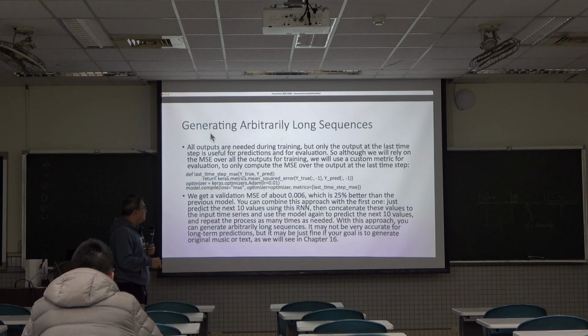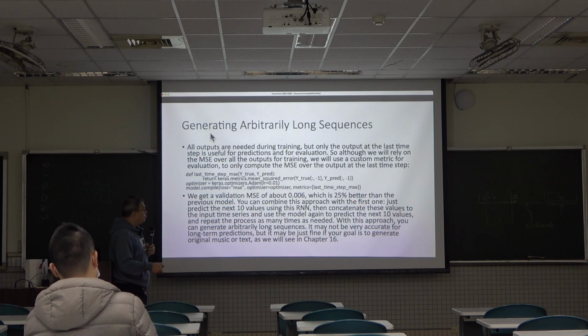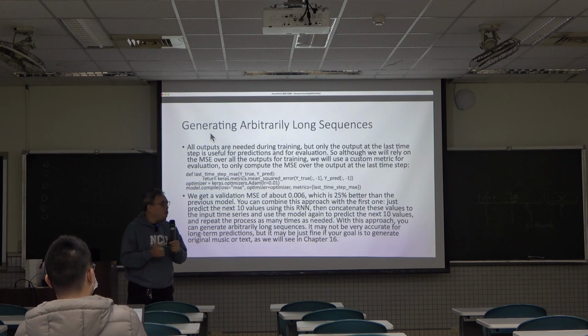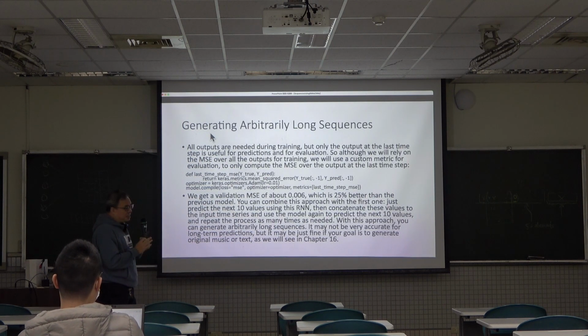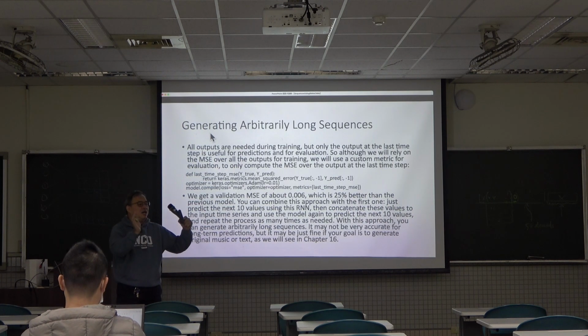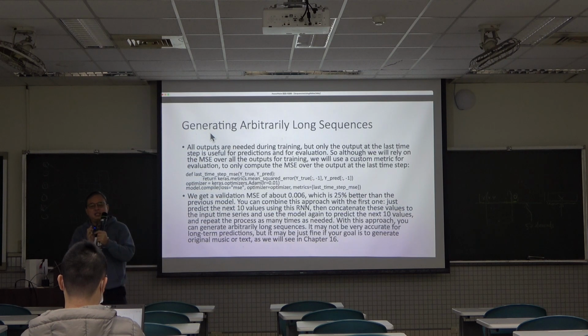Obviously, you can combine this approach with the first one. What do I mean? For example, say you want to predict a long-term time series. Say you use the first 50 time steps to predict the next 50 time steps.